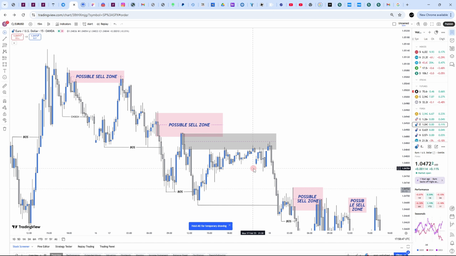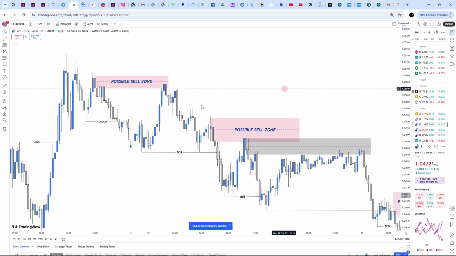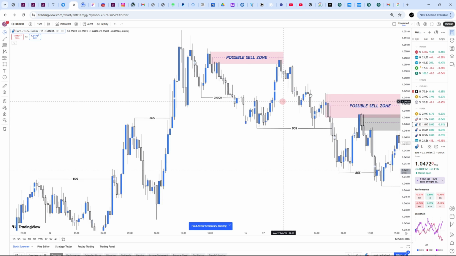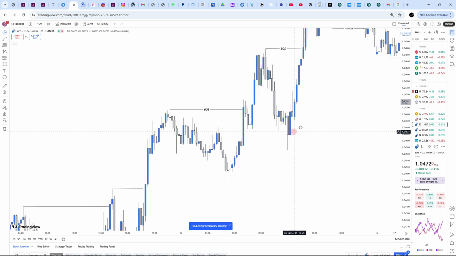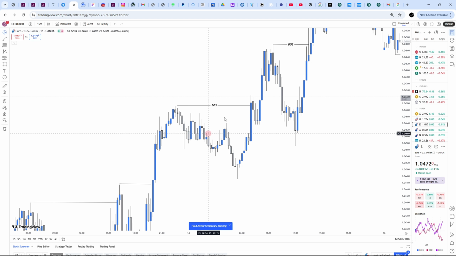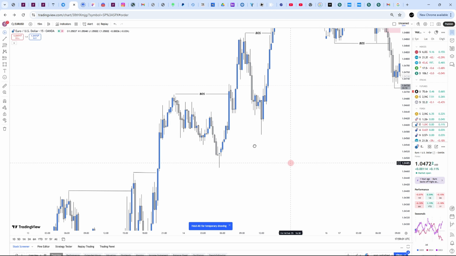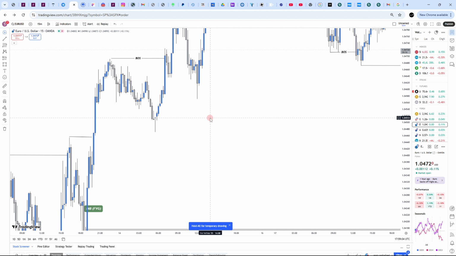Without wasting more time, I think you can see how this sell entry could be a longer trade from this zone. The thing we look at is that this market has been in an uptrend, breaking higher highs, leaving zones that are not mitigated, zones where liquidity was not taken, and imbalances.